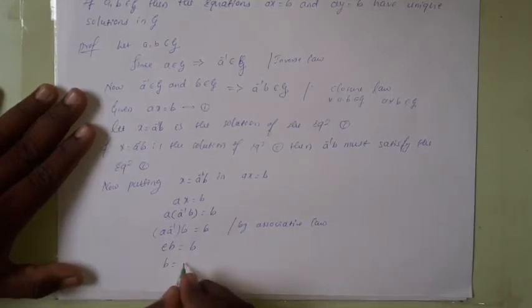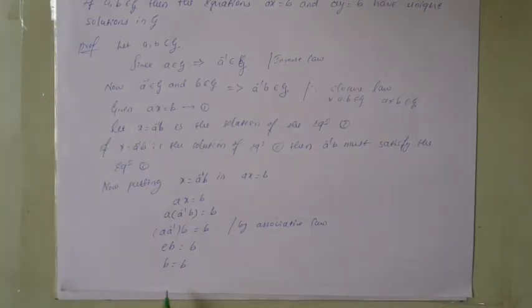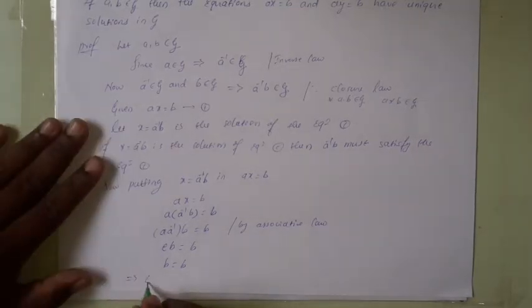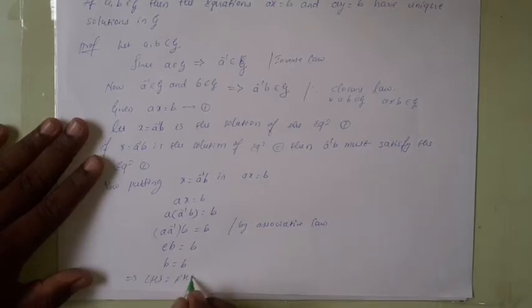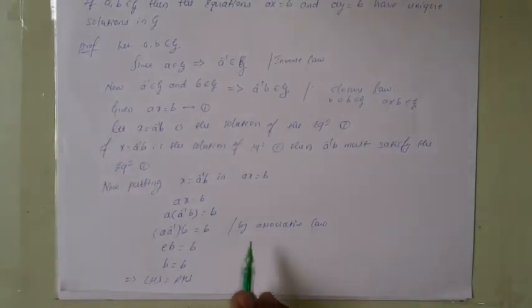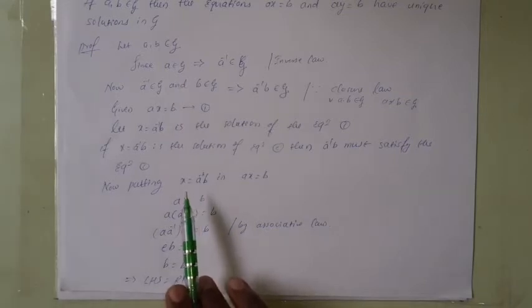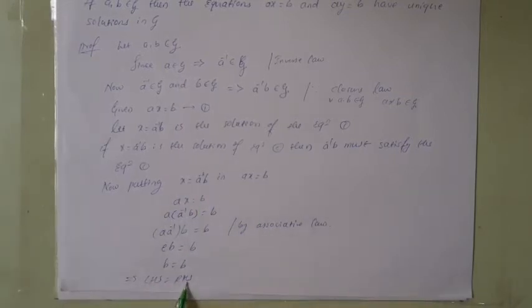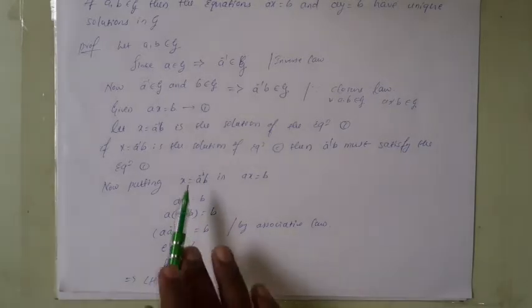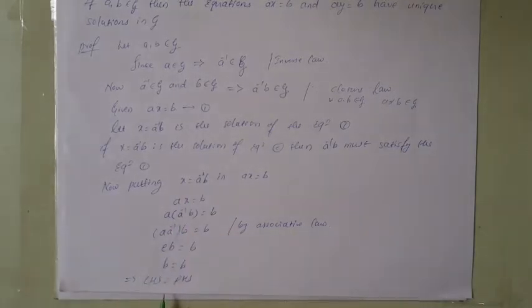That is equal to B. So, E into B is equal to B because E is the identity element, and by using the identity law we can say that E into B is equal to B, and here RHS is the same, that is B. So, therefore, it implies that LHS equal to RHS, means for the value of x, that is A inverse B, we are getting LHS equal to RHS, means this one is the solution for the equation Ax equal to B.